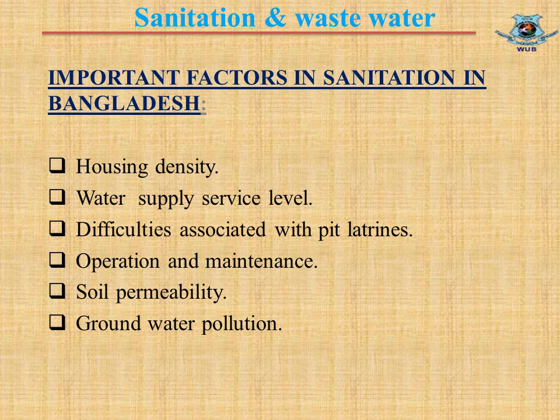Then difficulties associated with pit latrines. In Bangladesh and many developing countries, especially in rural areas, almost all latrines are pit latrines, which contaminate ground as well as groundwater. Operation and maintenance, soil permeability, and groundwater pollution.